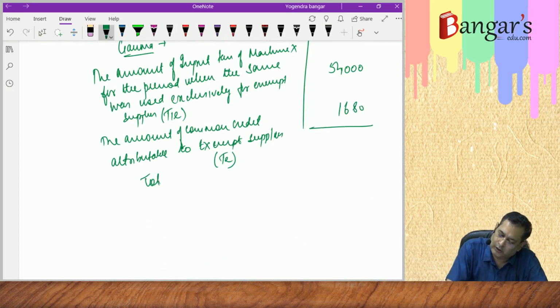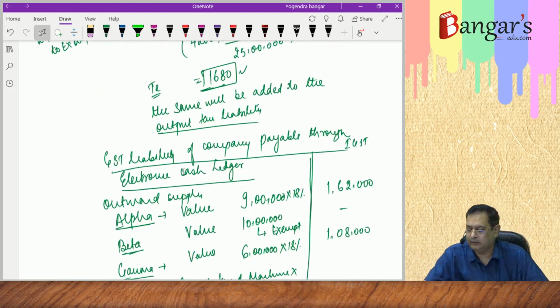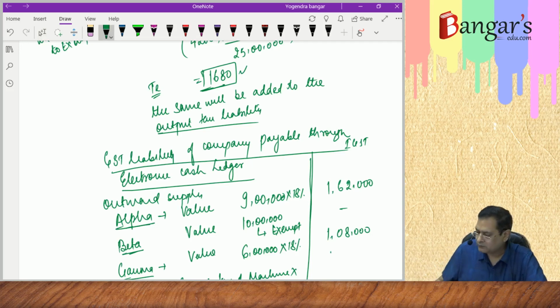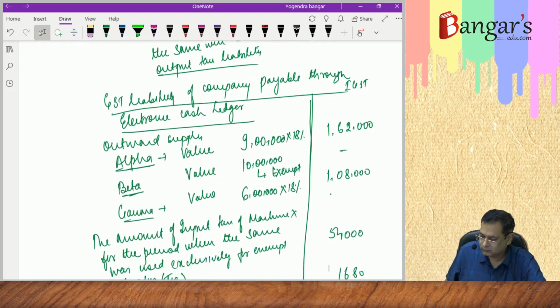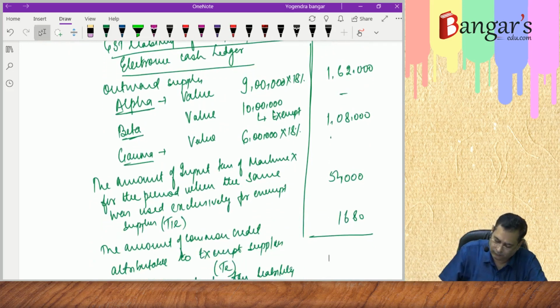So what is the total output tax liability? That is 1,62,000 plus 1,08,000 plus 54,000 plus 1680.